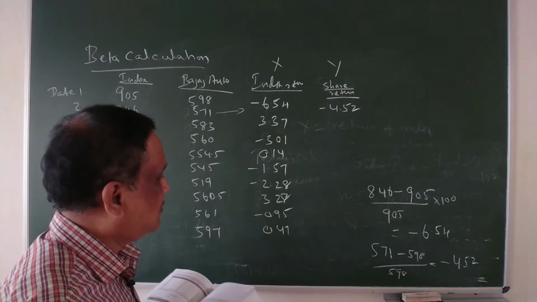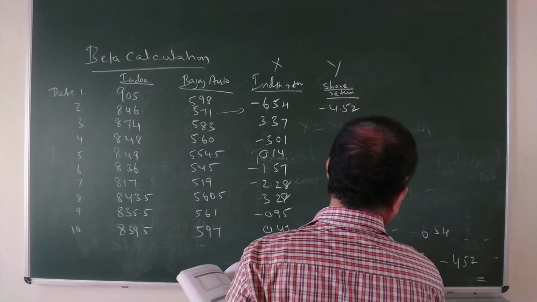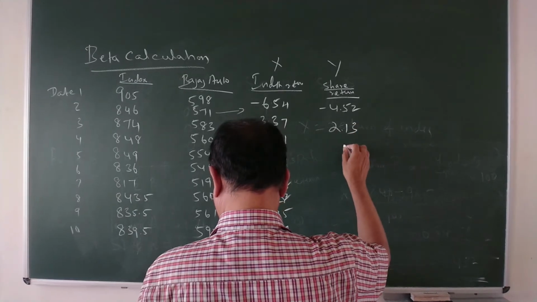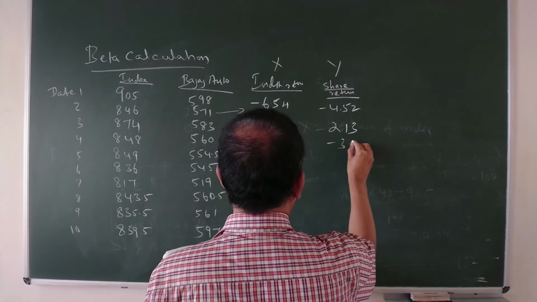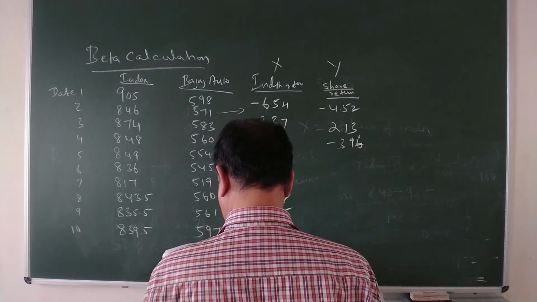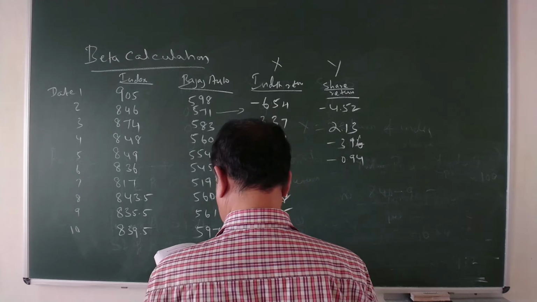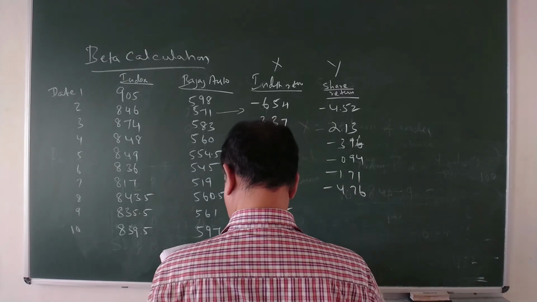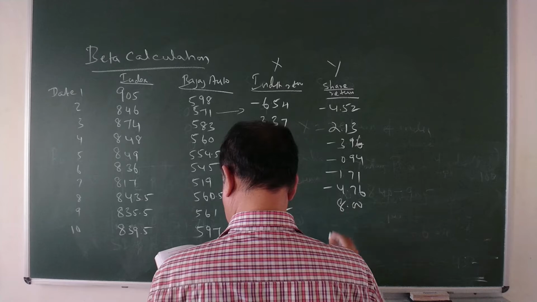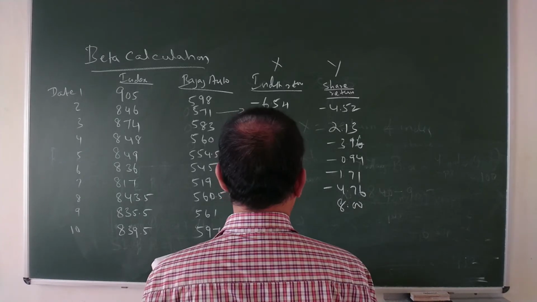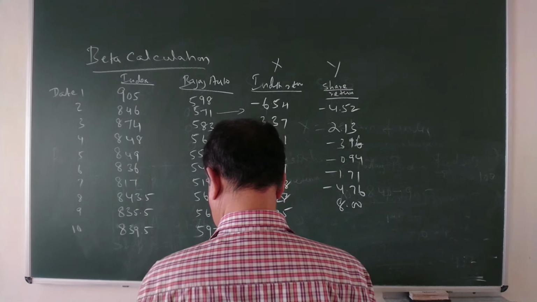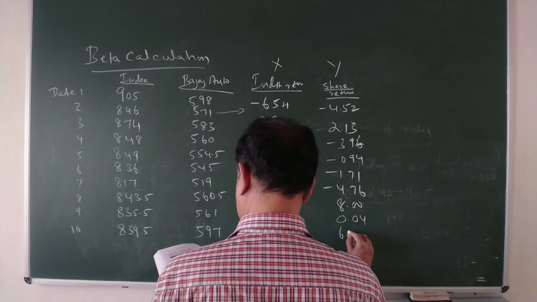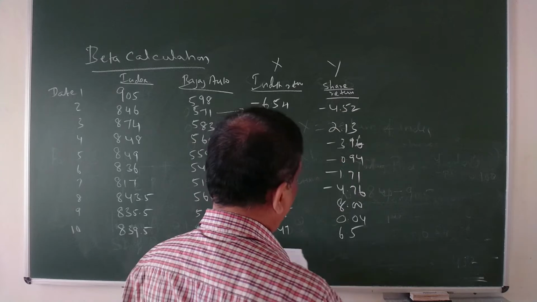So these are the values for x, and for y the values would be 2.13, minus 3.96, minus 0.94, minus 1.71, minus 4.76, 8, 0.04, and 6.5. So this is the share return for the 9 days.